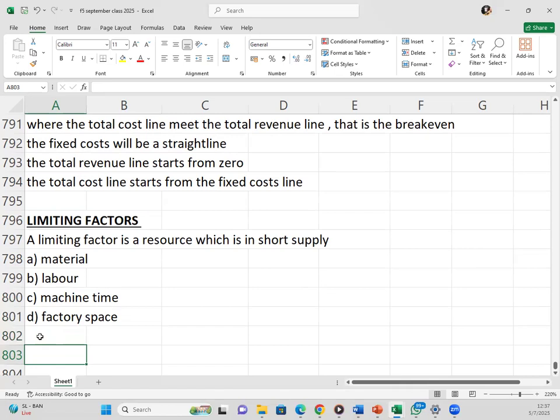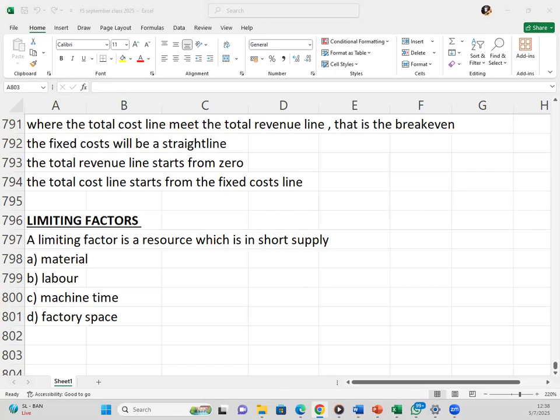So if we are faced with a limiting factor, the same way we're dealing with under the CVP analysis, where we can have a single product situation or a multiple product situation, the same also happens on this side. We have a single limiting factor or a multiple limiting factor.